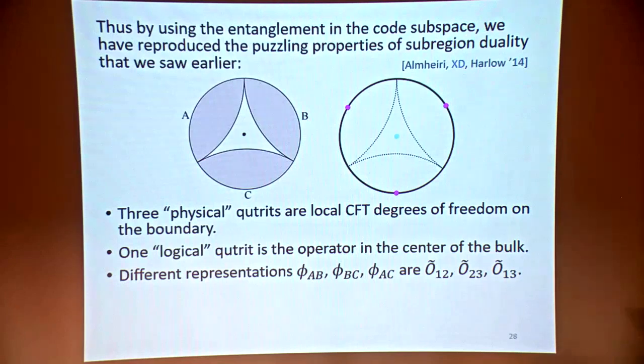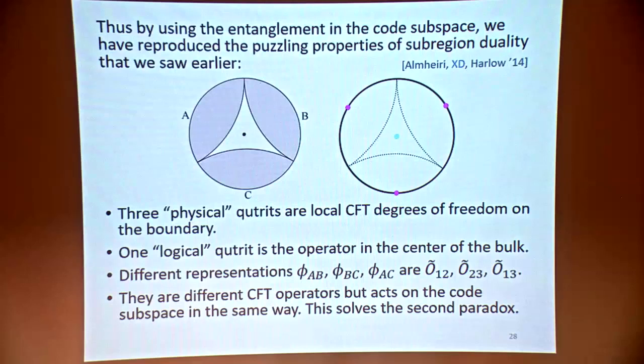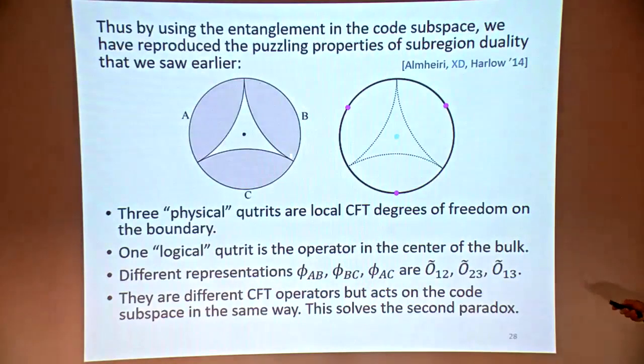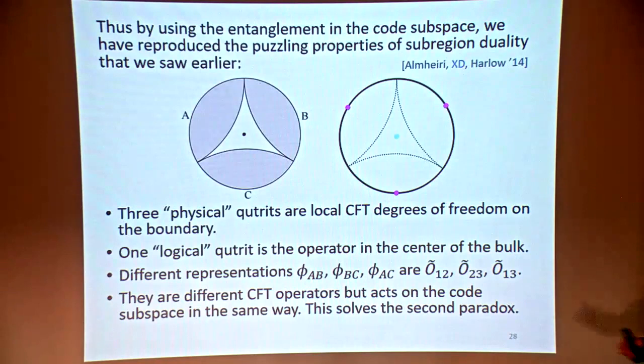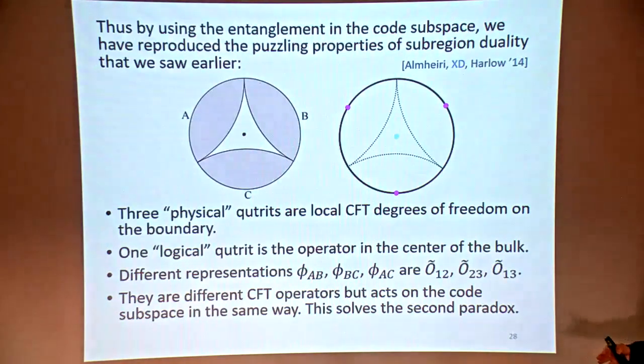So we have seen explicitly how to produce the same kind of behaviors that we saw in the gauge gravity in the AdS/CFT case. So the interpretation of all of that is that in AdS/CFT correspondence, the various different ways of representing the same bulk operator are different CFT operators, but they act on some code subspace in the same way. This is what we really mean by this Rindler reconstruction.